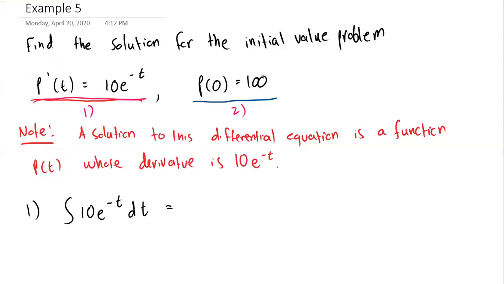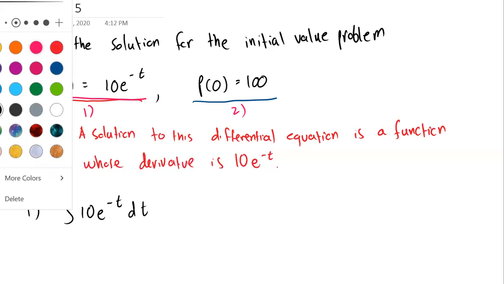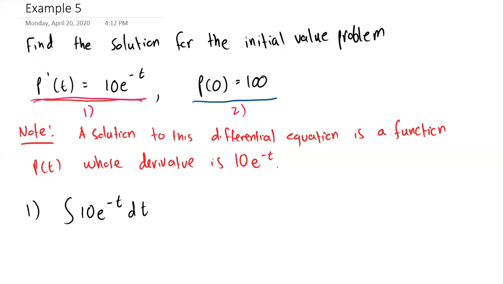Well, remember that if we want a function whose derivative is e to the negative t, well, we know that the derivative of e to the negative t is itself times a constant, right? So it makes sense to work with something that looks like, so we're trying to find an antiderivative. So let me use green. It makes sense to work with a function that looks like a constant times e to the negative t. Why?